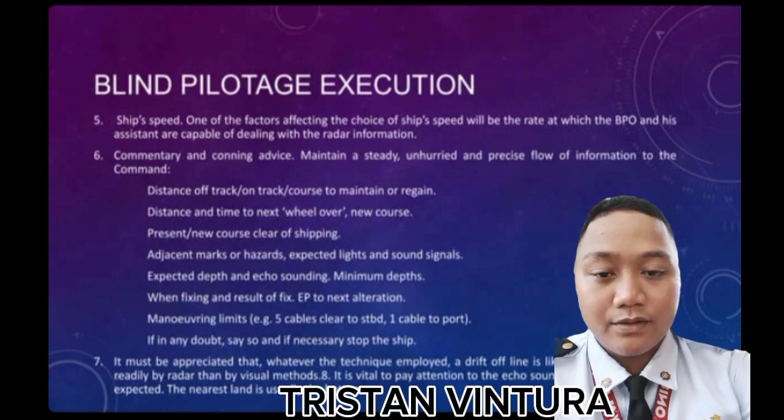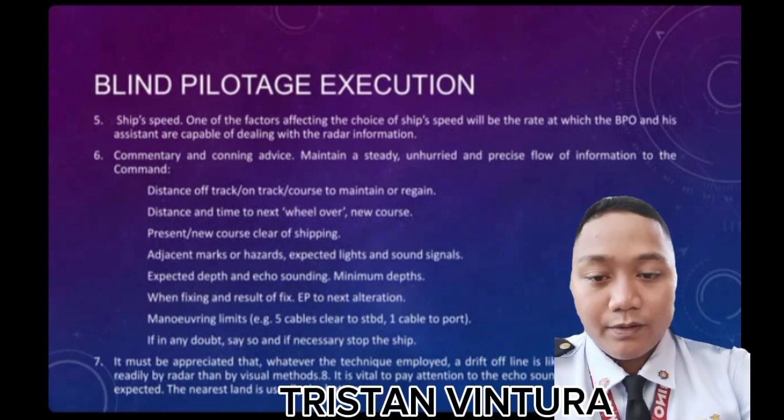Expected lights and sound signals. Expected depth and echo sounding, minimum depths when fixing, and result of fix. EP to next alteration. Maneuvering limit, 5 cables clear to 1 cable to port. If any doubt, say so, and if necessary, stop the ship.